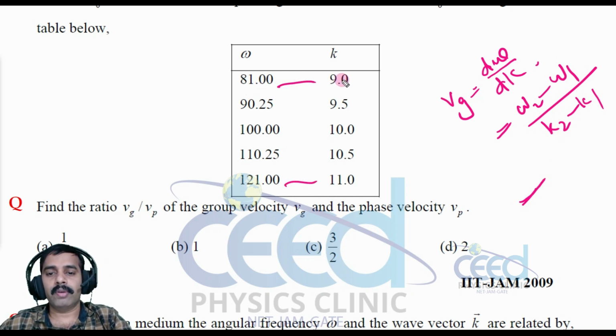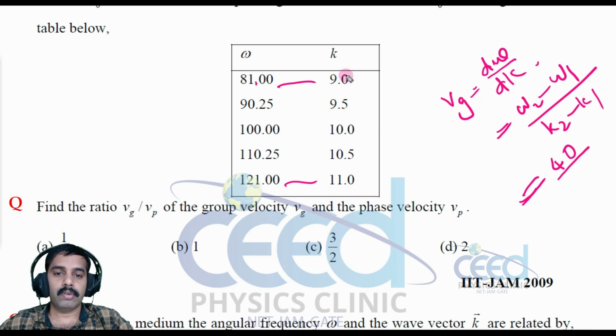What is 121 minus 81? That is 40, right? Divided by 11 minus 9, that is equal to 2, so that is 20, right?